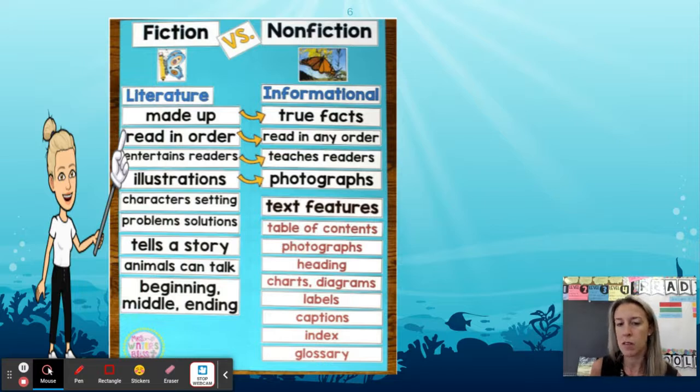It's going to consist of photographs and text features. That will include a table of contents, photographs, headings, charts, diagrams, labels, captions, an index, and a glossary. And all these features are things that we need to know how to use to better understand and comprehend what we're reading.